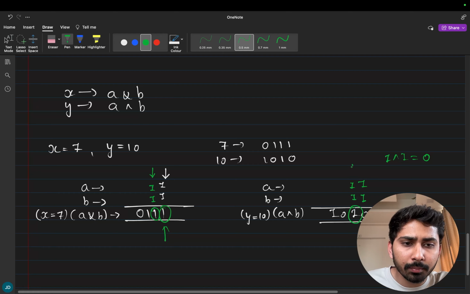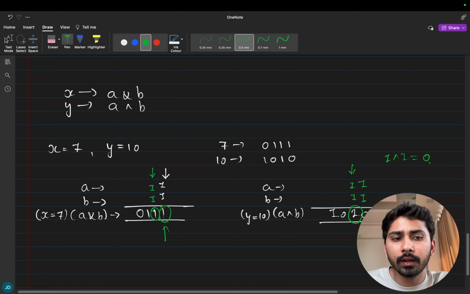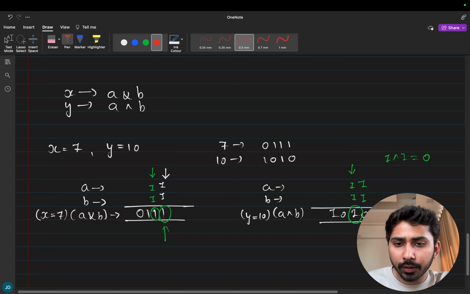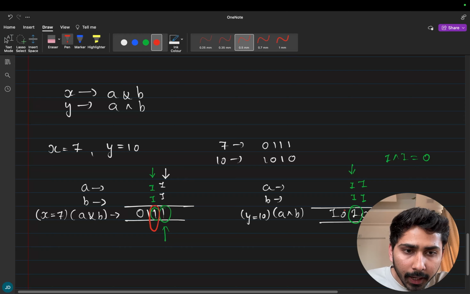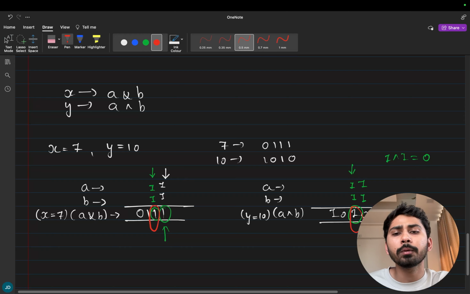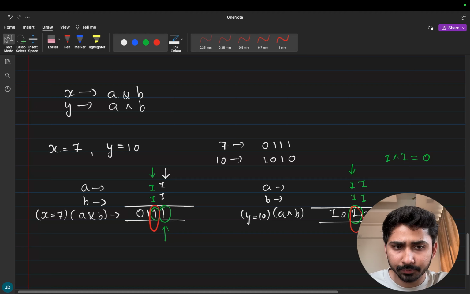If you could keep both the bits set over here, now there is a contradicting assumption that we made. If you keep this ith bit set in both A and B, then we know that 1 XOR 1 will never give you a 1. It will always give you a 0. So due to this reason, that the same ith bit is set in X and Y, it is not possible to generate any kind of number.